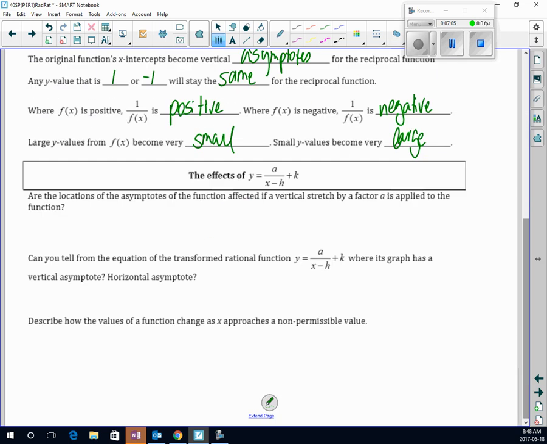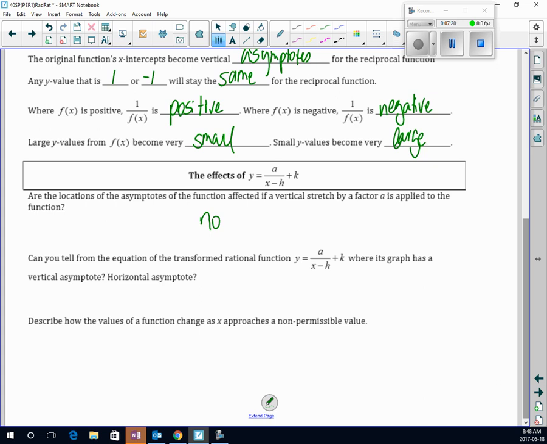All the transformations will be in the form y equals a over x minus h plus k. So are the locations of the asymptote affected if a vertical stretch of a is applied? No. Does everybody understand? X is 0, vertical is not going to affect it.